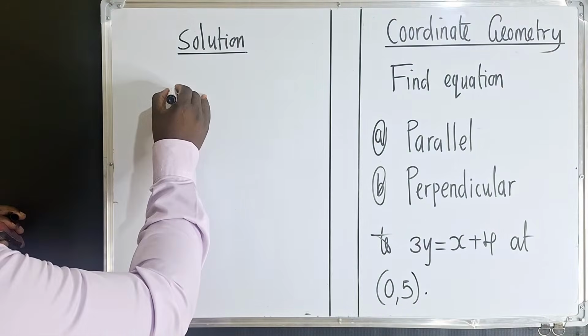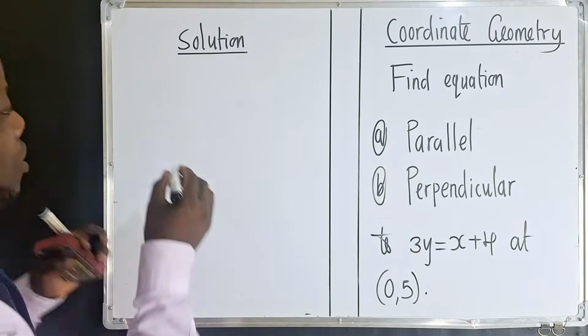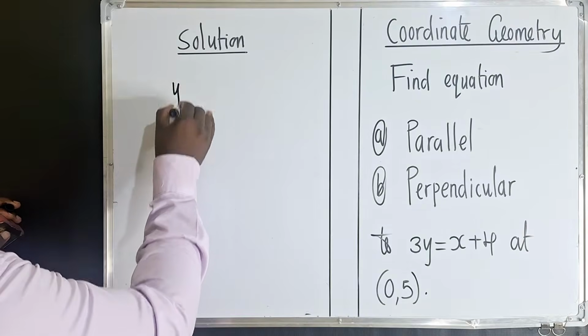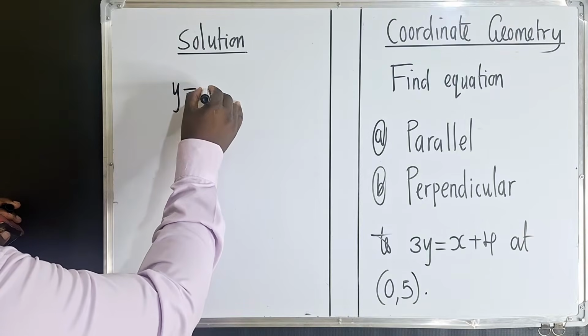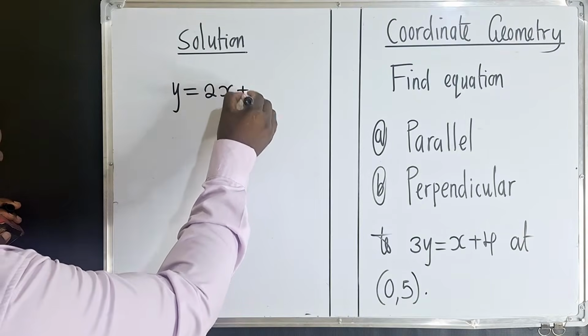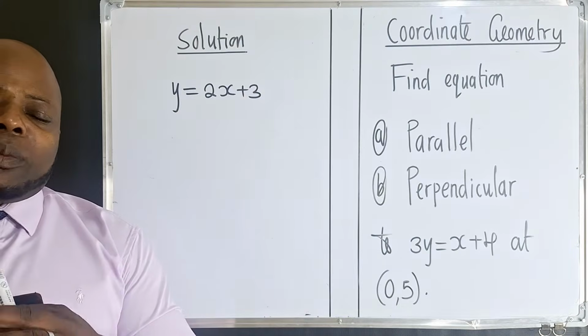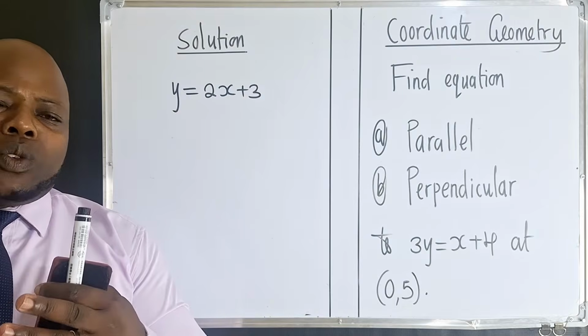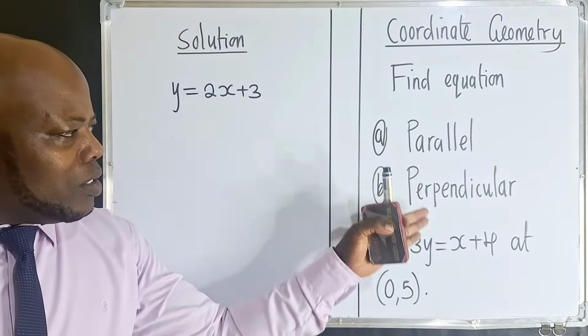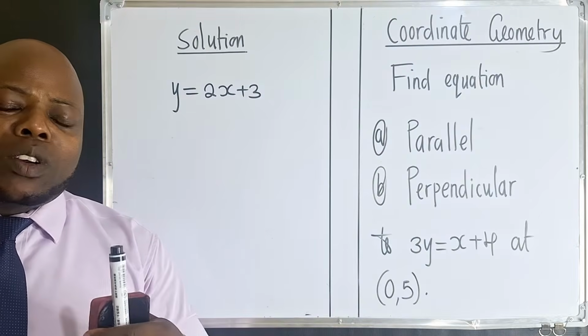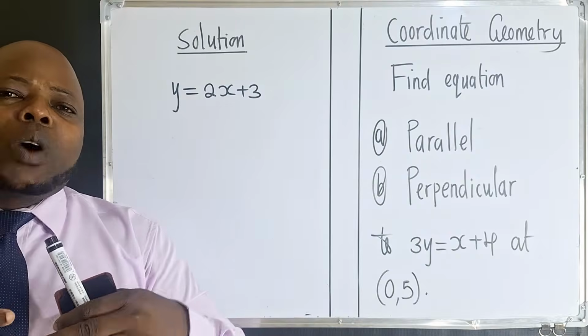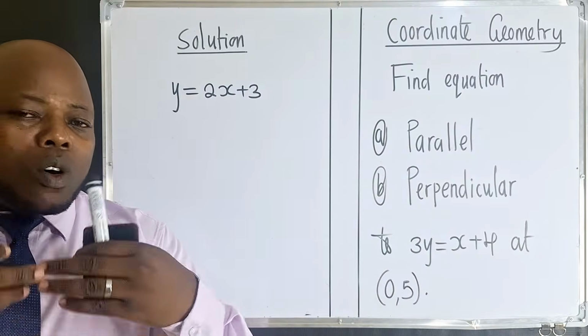When you've got an equation, I'm just giving an example. You've got an equation which is y equals 2x plus 3. You see this equation? And they ask you to find any of these, perpendicular or parallel. What you need to do first is to identify your gradient.